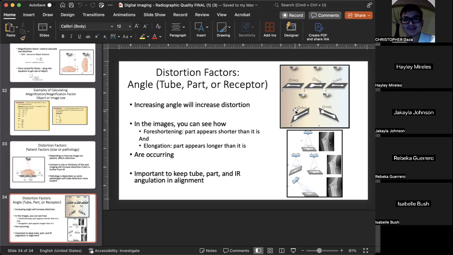That's why we want to make sure our part, plate, and beam are in alignment. If not, you can get a foreshortened X-ray or an elongated X-ray or a distorted X-ray from what it's supposed to look like. It's important we keep the part, IR, and angulation in alignment, because if you increase the angle, you for sure will increase the distortion.